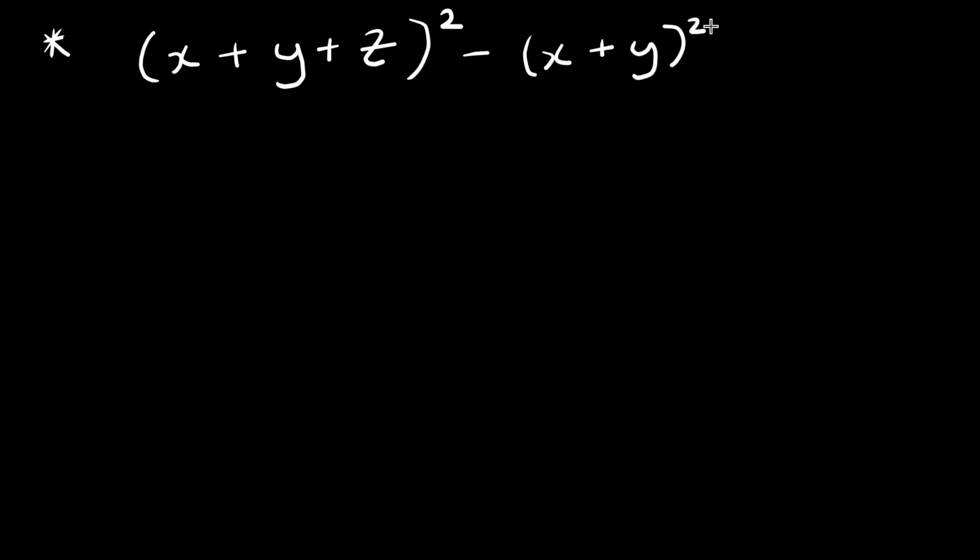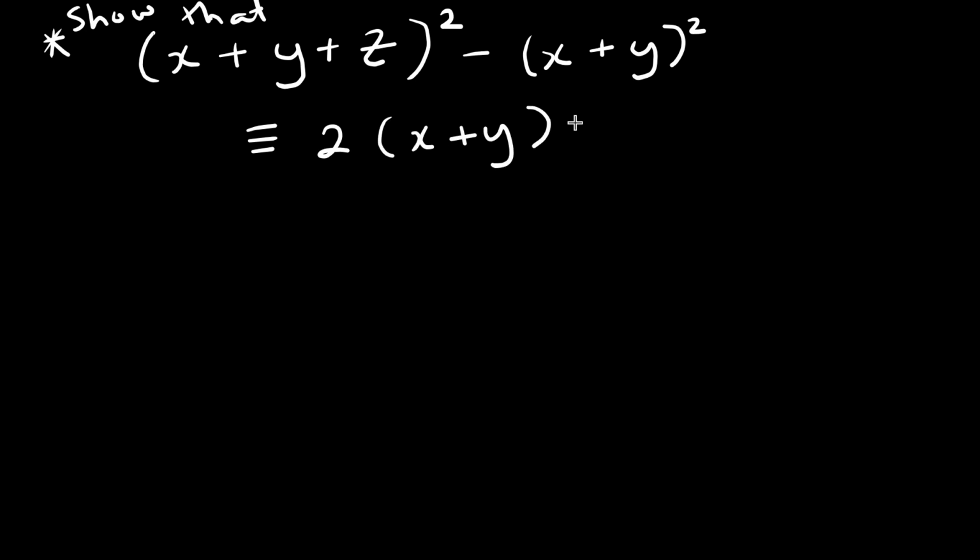So here we have x plus y plus z, all squared, minus x plus y, all squared. And we need to show that this is the same thing as 2 open bracket x plus y, close bracket, z plus z squared.